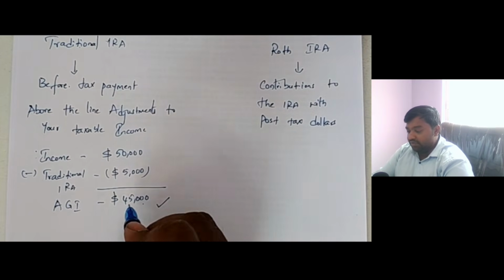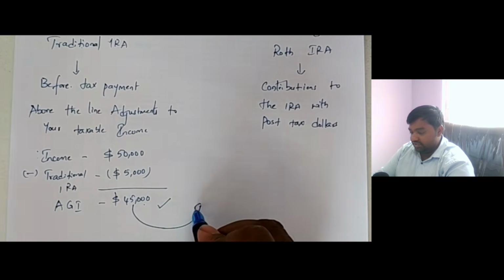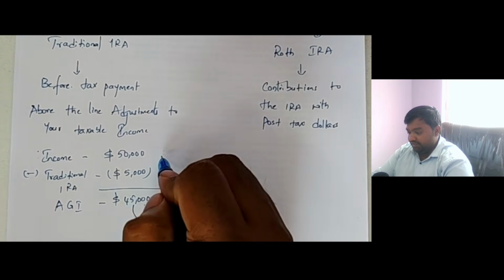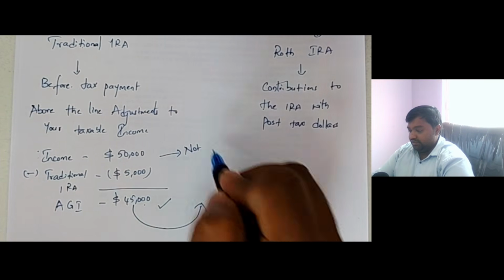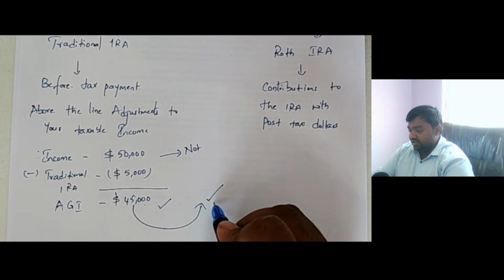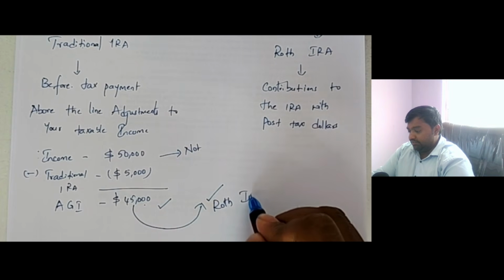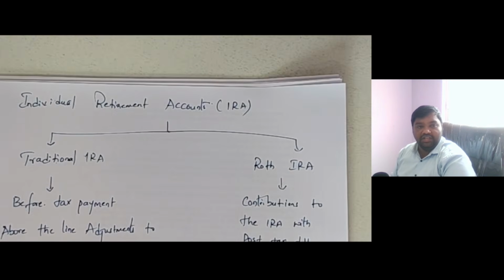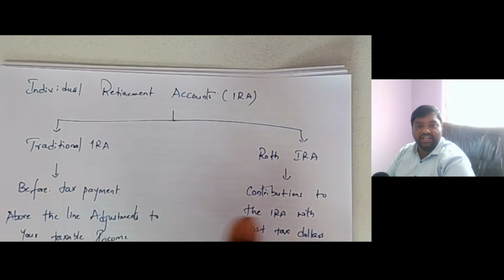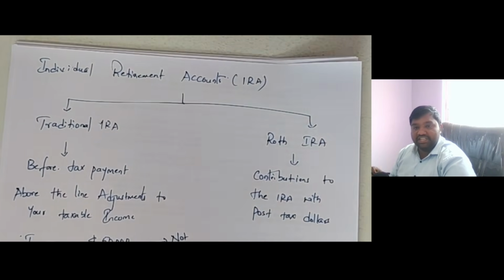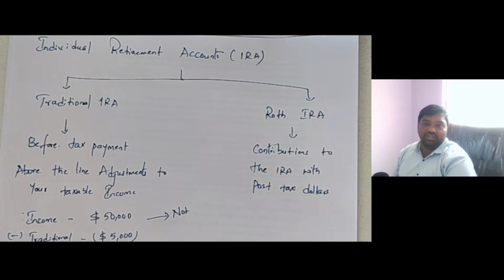So you have to contribute from this $45,000, not from your $50,000. This is for Roth IRA. That is the main difference between traditional and Roth IRA. We will discuss that in even more detail.